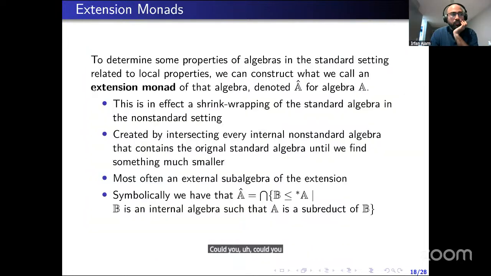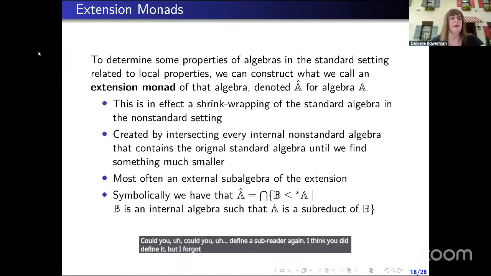Could you define the subreduct again? I think you did define it. Oh, yes, sorry, I forgot. My bad.